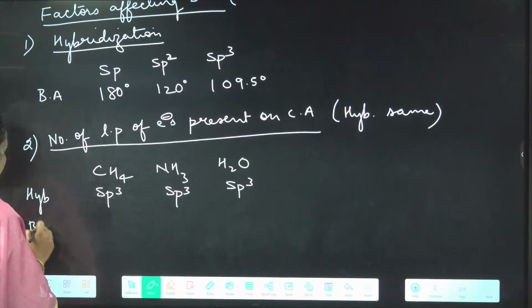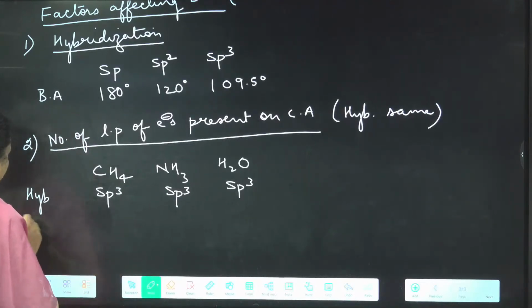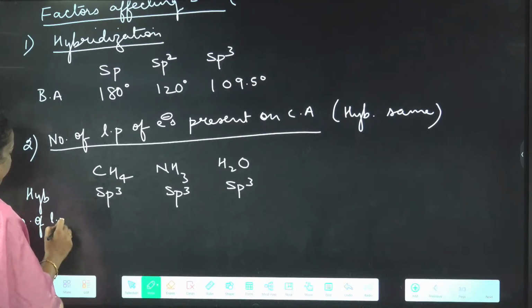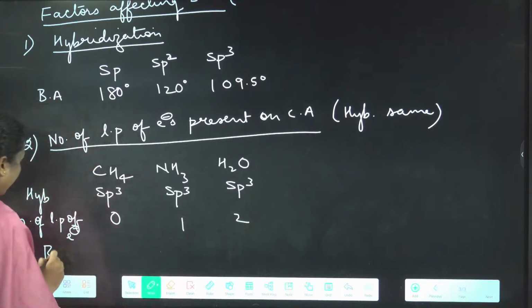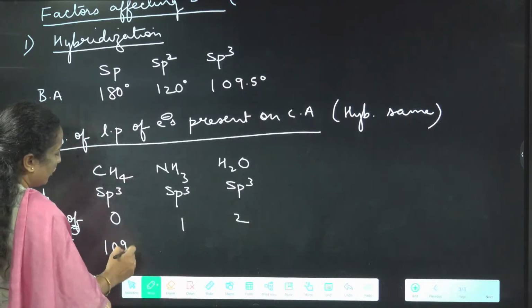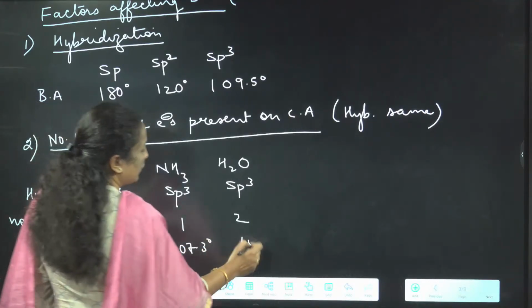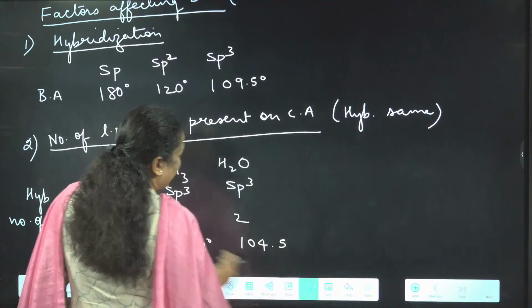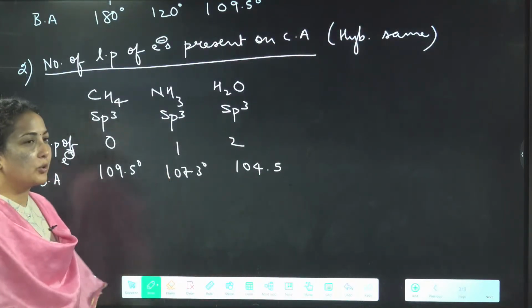Now the bond angle which is seen here is, or in fact, let us first see the number of lone pair of electrons on the central atom. So it is 0, it is 1 and it is 2. And the bond angle which is seen is 109.5 degree, 107.3 degree, 104.5 degree. Now, you don't have to remember the bond angles, okay?